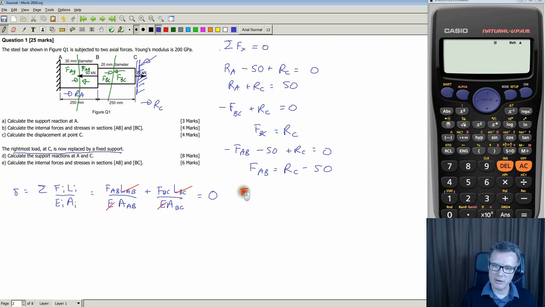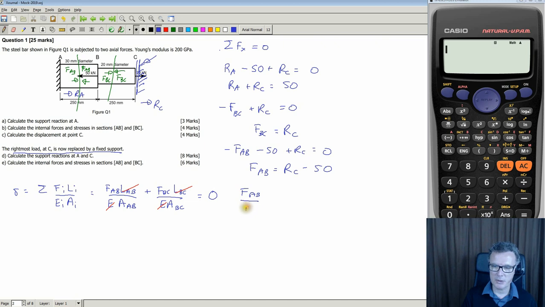So we just end up with that F AB over area AB. Area is equal to pi divided by 4 diameter squared. So I'm going to get rid of my pi divided by 4s.